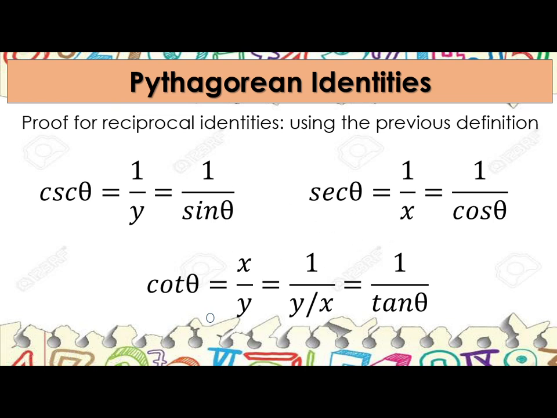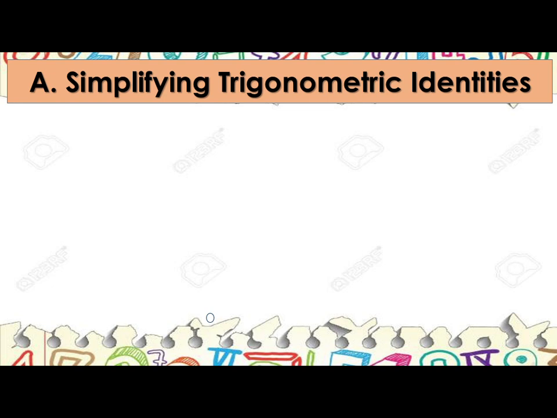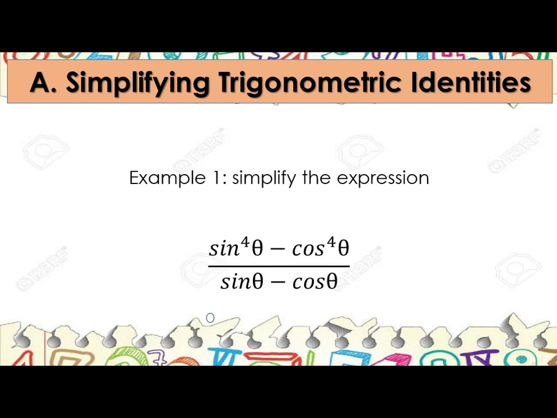Okay, so now let's simplify trigonometric identities, since you already know the identities for reciprocal, quotient, and Pythagorean. You can actually apply them now. For instance, we have here example number 1. Let us simplify this expression: sine raised to 4 theta minus cosine raised to 4 theta all over sine theta minus cosine theta.